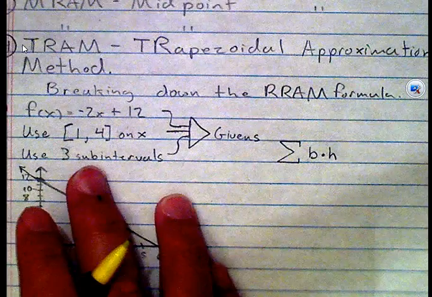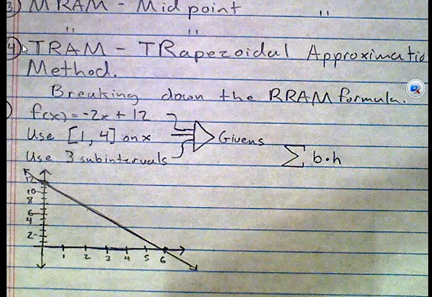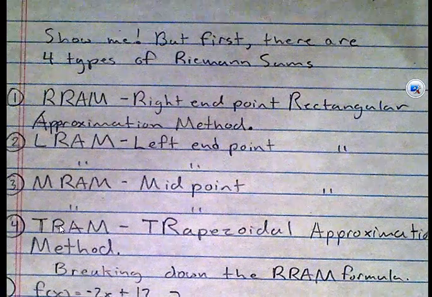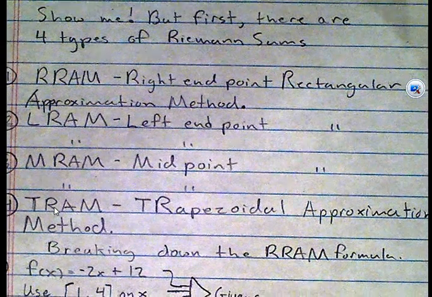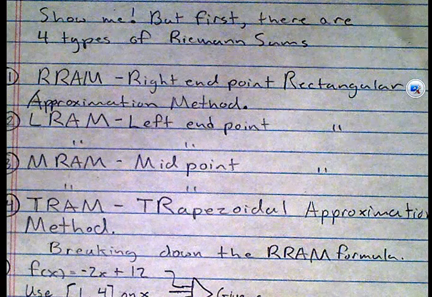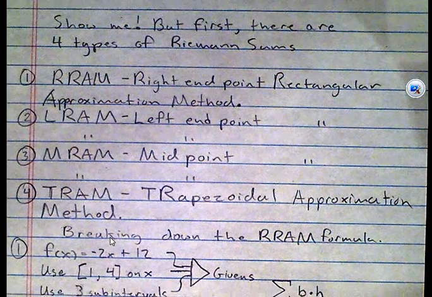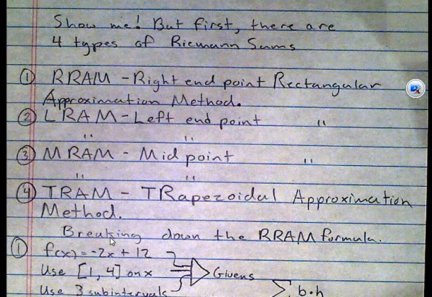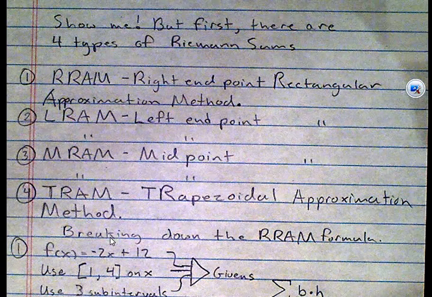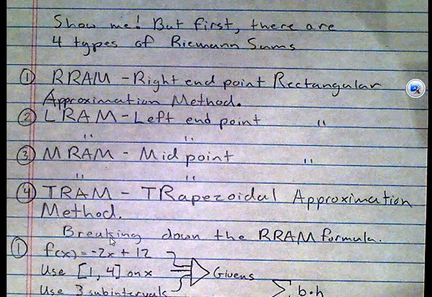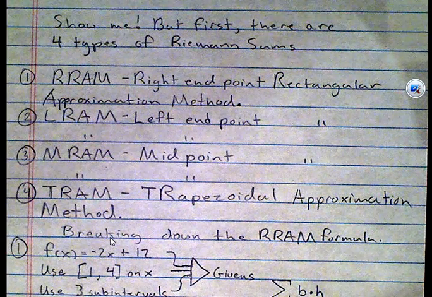So how do I use these formulas? Let's do examples. Well, I can't show you yet. First, you need to have written down, and I'm sure you've already got these written down, the 4 formulas for 4 types of Riemann sums.